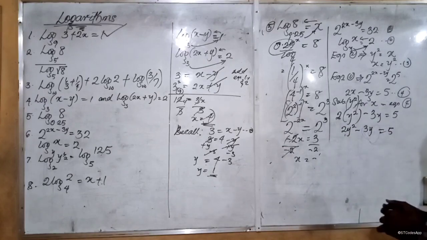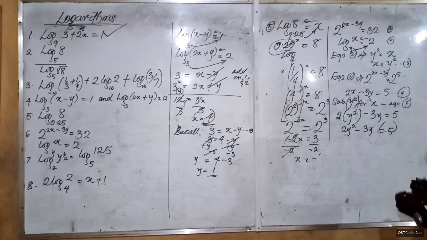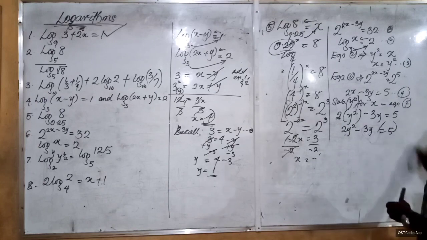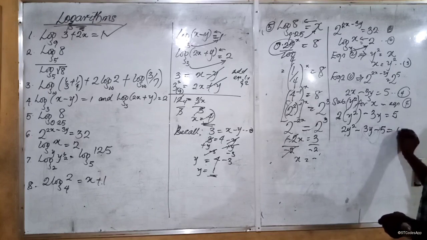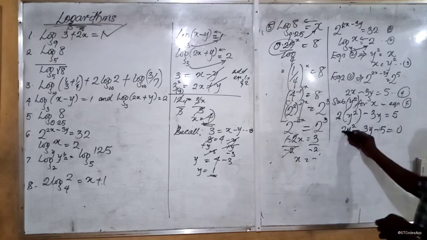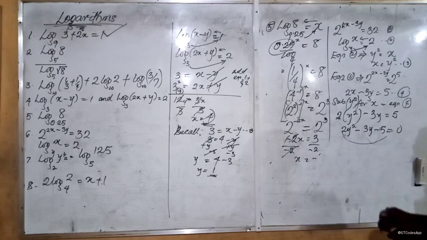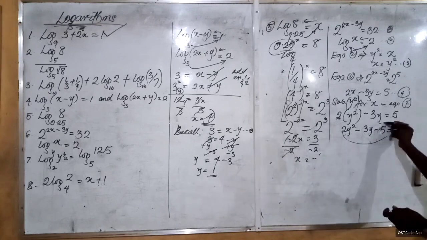So this becomes a quadratic equation if we bring this 5 here. It becomes minus 5 by subtracting 5 from both sides. So I have 2y squared minus 3y minus 5 is equal to 0. Alright, so I can basically solve by factorization. Let's see if this can be solved by factorization. I multiply 2 and minus 5, I'll get minus 10.